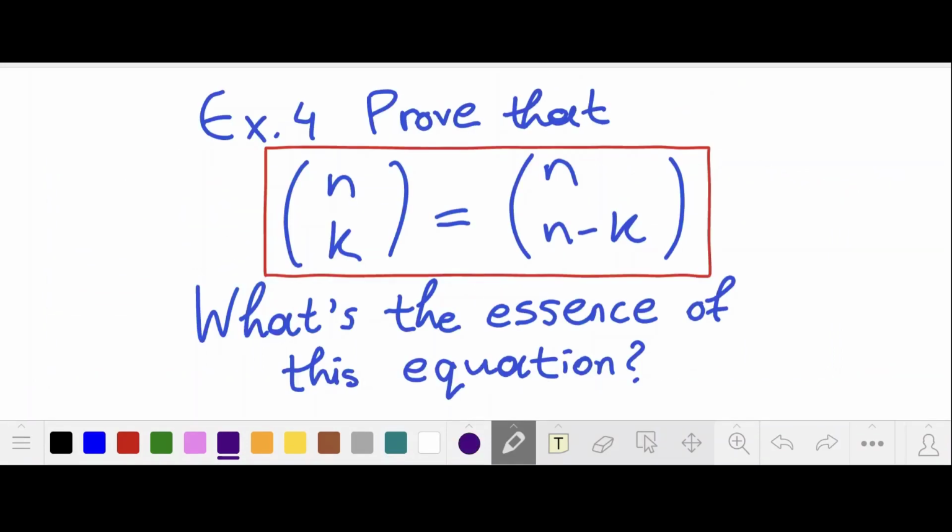We proceed with the next and the final question, which is to prove that n over k is equal to n over n minus k, and then interpret the essence of this result.